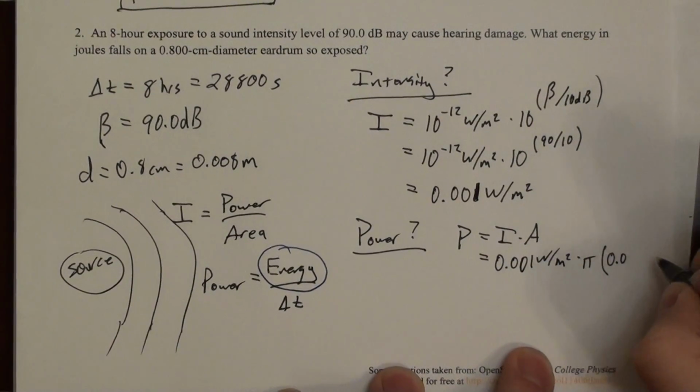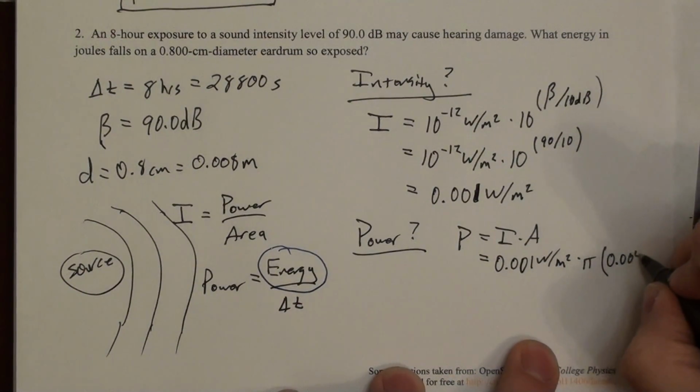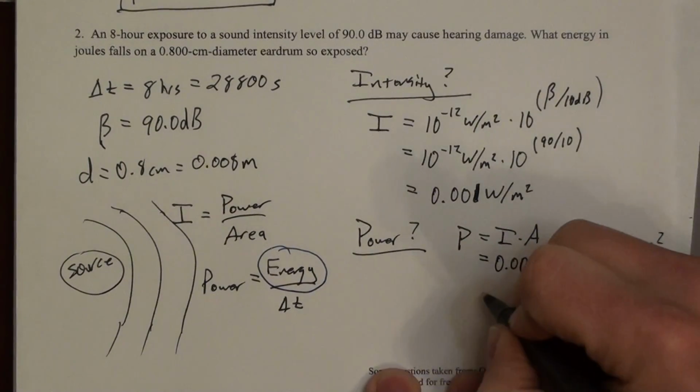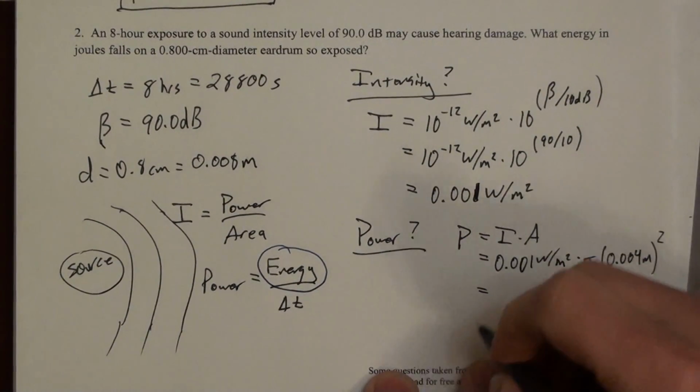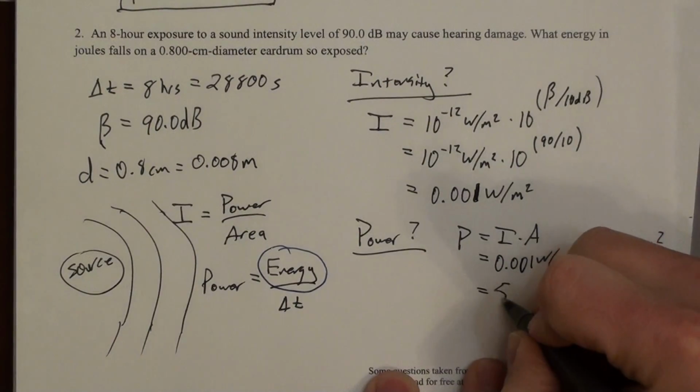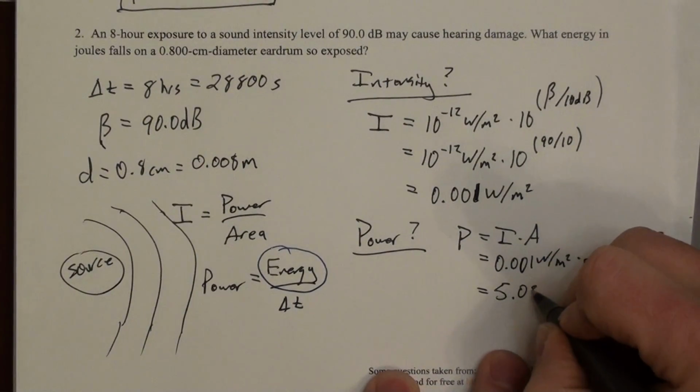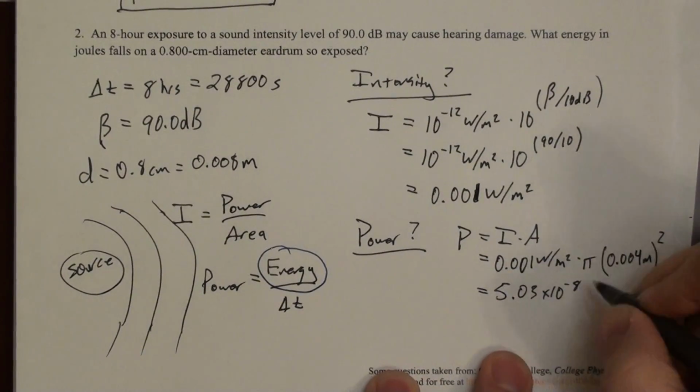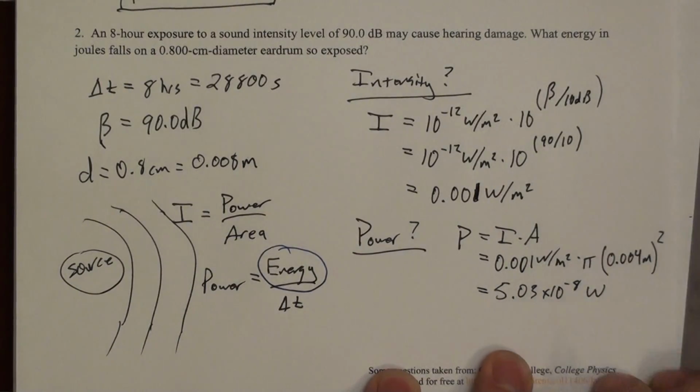R is 0.004 meters, squared. So the power here is 5.03 times 10 to the minus 8 watts.